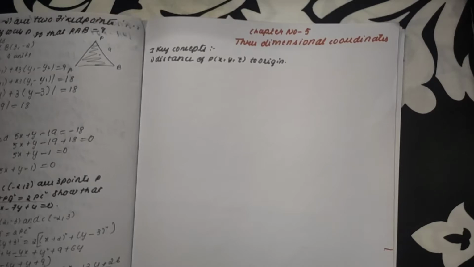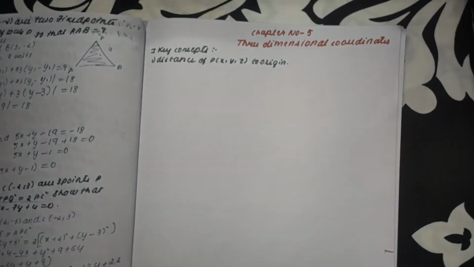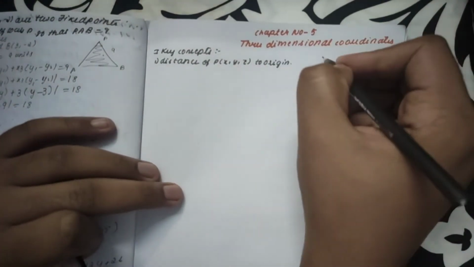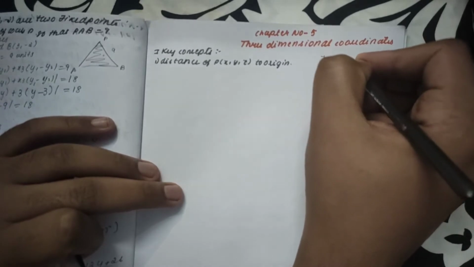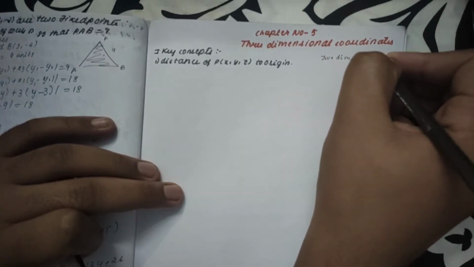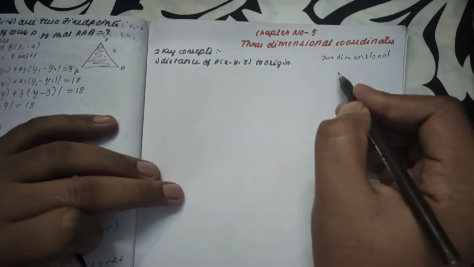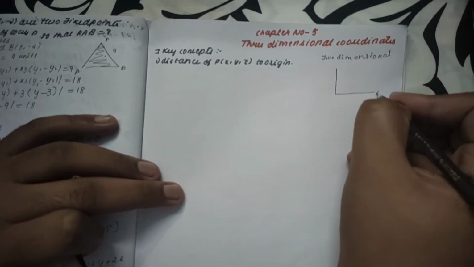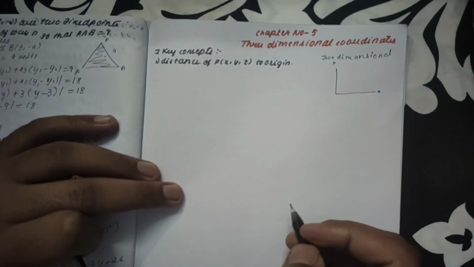In the previous chapters we have discussed two-dimensional, which is x-axis and y-axis. So let's go and discuss a new chapter, which is three-dimensional coordinates. If it is two-dimensional, then we have x-axis and y-axis.